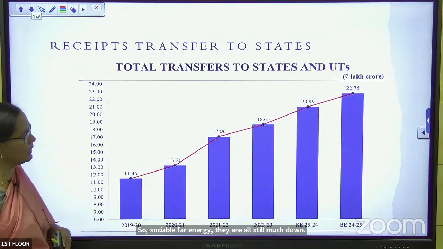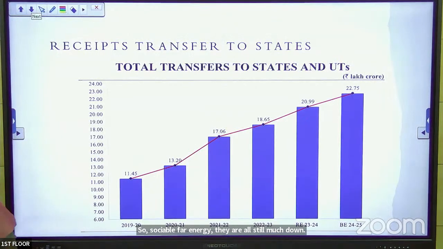So this is about the total transfers to states and union territories. Here you have to also recall one concept. When did GST come into picture? 2017, June, July time we got the thing.